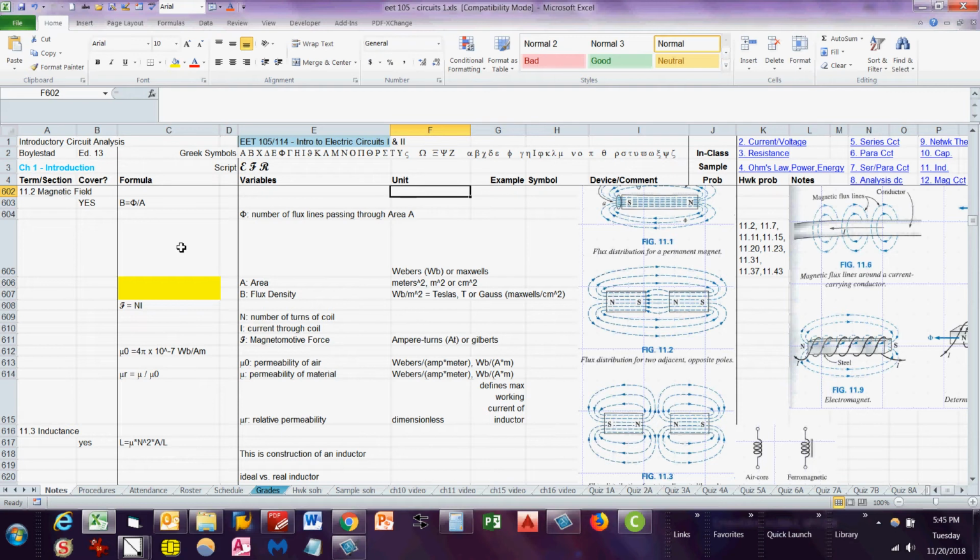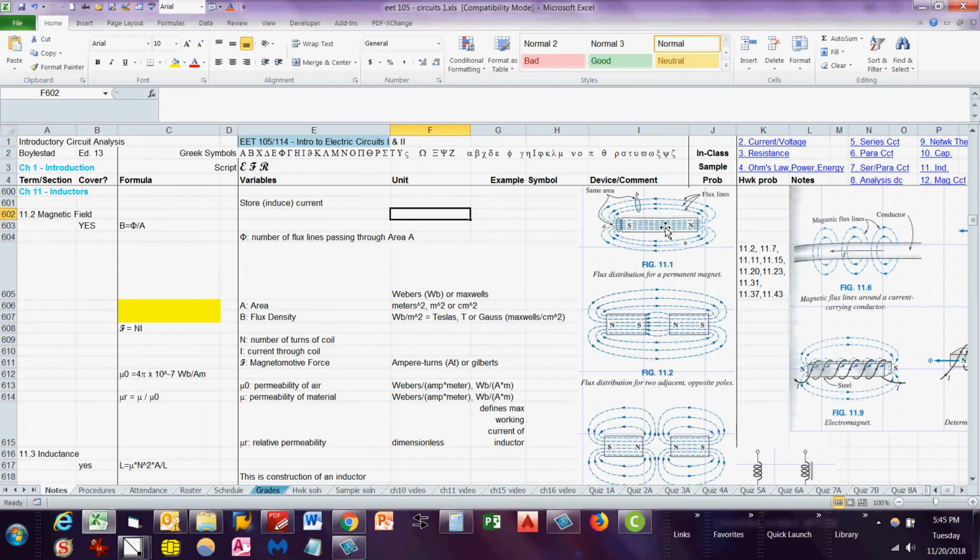First equation for inductors is the flux density, B, equals phi, the number of flux lines passing through an area A, divided by A. Phi is in Webers or Maxwells, and the area is in meters squared or centimeters squared, and flux density is in Webers per meter squared, which is equal to Teslas (T), or Gauss, which is Maxwells per centimeter squared.